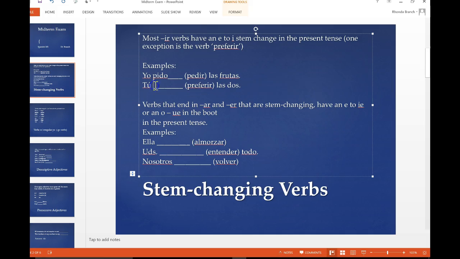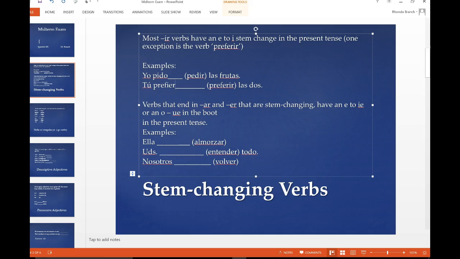to agree with yo, because yo is first person singular. Now, if we take a look at the second one, tú preferir las dos, we're going to drop the IR. However, we're going to change that E to an IE, because it is not just the E to I verb. It is that one verb that is an exception. So the E actually turns to IE.